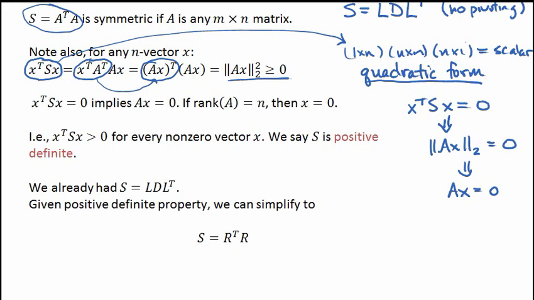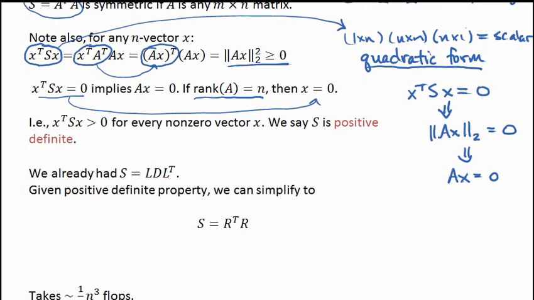So this is just a technical condition: if the rank of A is equal to n, the number of columns of A, then the only way to get a quadratic form of 0 is for the 0 vector.